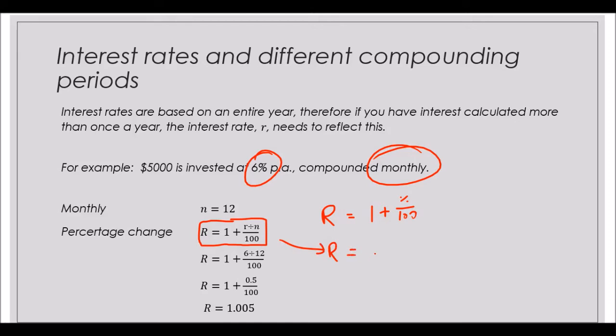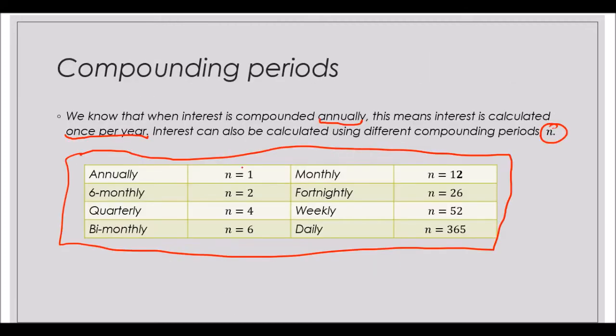R equals 1 plus, I'm only adding literally one thing, the percentage divided by N, which is, remember, these N's. It could be 1, 2, 3, 4, 5, 6, whatever. It depends on whether you're working on annually, 6 monthly, quarterly, bi-monthly, monthly, fortnightly, weekly, or daily. So you've got to look at these.